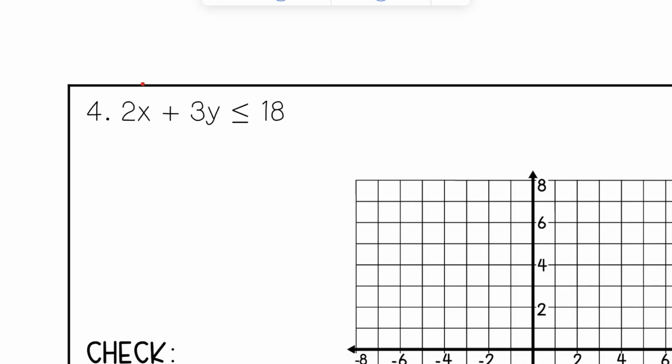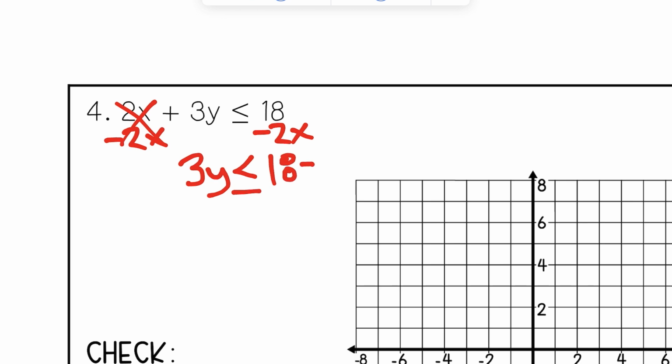So kind of like when we had to rearrange equations to solve for y with an equal sign, we're going to do the same steps. Before I handle this 3, I'm going to handle this 2x. So let's cancel out that minus 2x, minus 2x. These go. 3y comes down, less than or equal to 18 minus 2x.